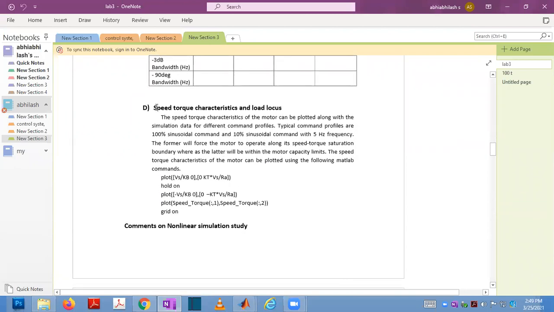So the final part is speed torque characteristics and load locus. Speed torque characteristics of a motor is a relation between motor speed and torque.